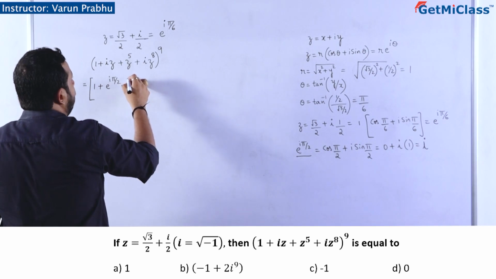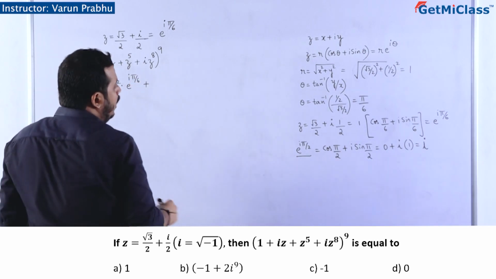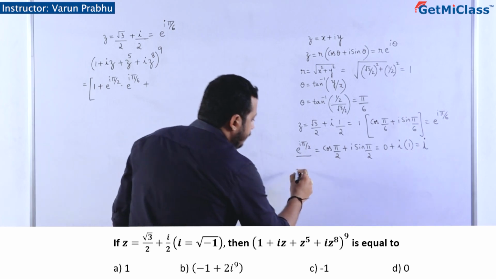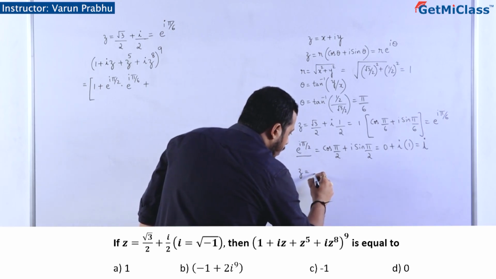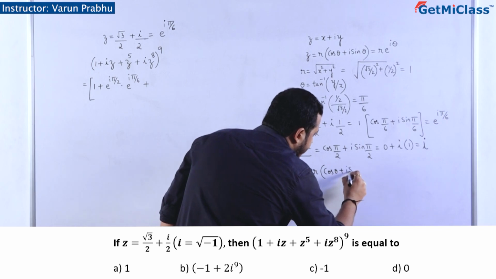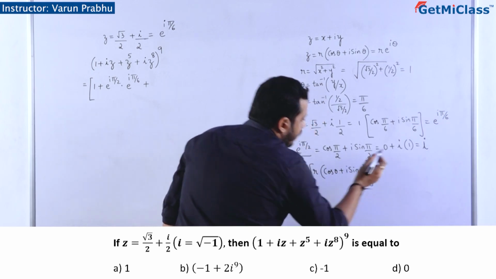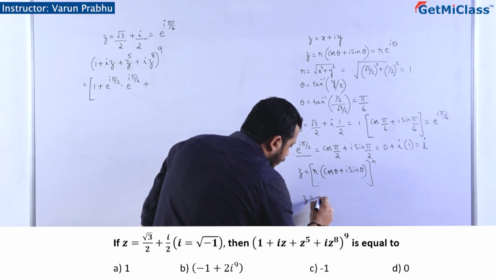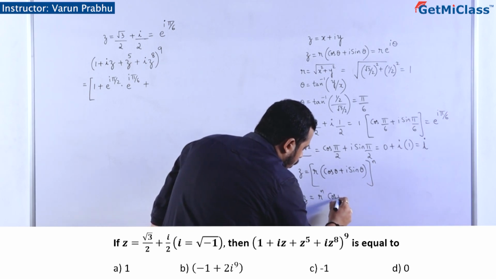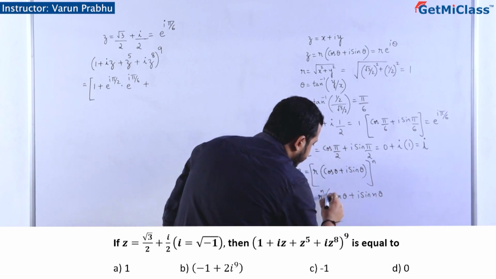E to the power I times pi by 6 plus, according to De Moivre's theorem, if z is equal to r times cos theta plus I sin theta to the power of n, I can write this as z is equal to r to the power n into cos n theta plus I sin n theta. Is it correct?